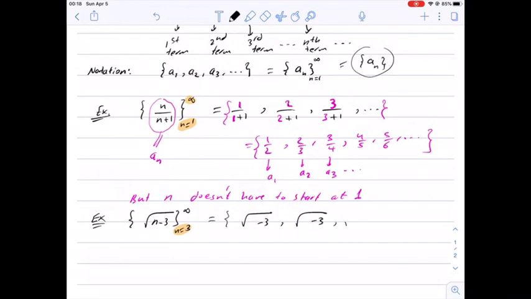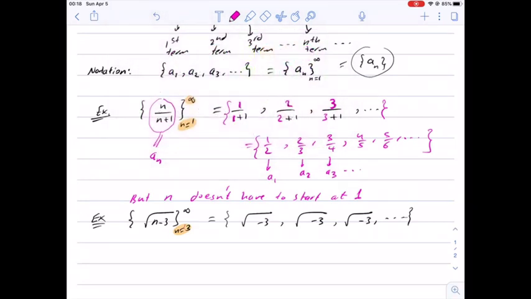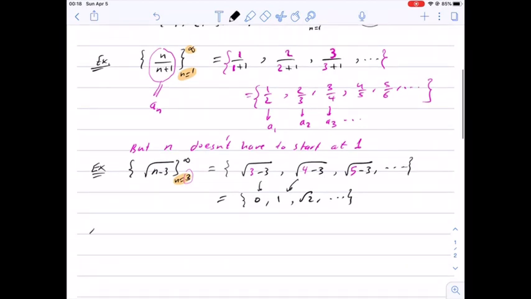Square root of, we substitute n equals 3, we start at 3, so this is 3 minus 3, and then we substitute 4, we get 4 minus 3, substitute 5, etc. And that gives us 0, 1, square root 2, etc.